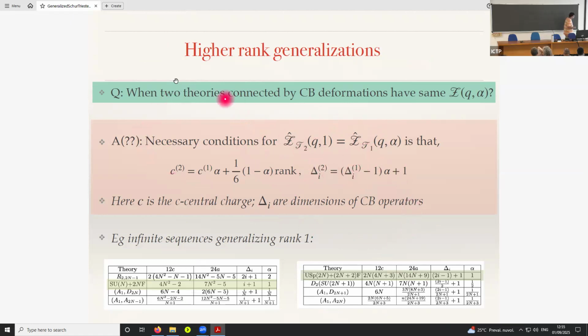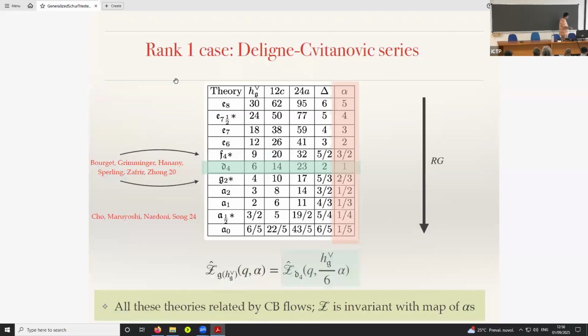And the experimental observation is that if their anomalies are related in a simple way, so both A and C anomalies, here I only write the C anomaly, so they are related by this relation, and the dimensions of their Coulomb branch operators are related in such a way, then the generalized Schur partition functions of the two theories are related in a way that we stated before, something similar to this statement. So for rank 1 theories, for this Deligne-Cvitanovic series of theories, these conditions work and the theories are related. For SU2 super Yang-Mills, these conditions are not satisfied, okay?